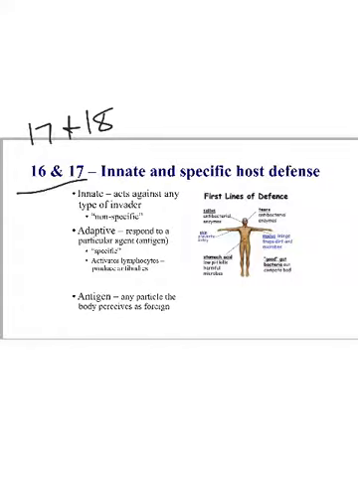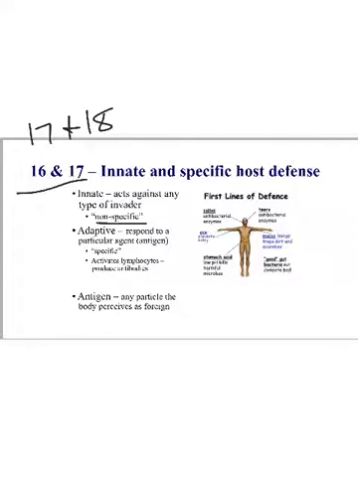So innate is the same as a non-specific immune system. This is what we're born with. It's genetic. It's not going anywhere unless something strange happens. It protects you against any type of invader. It doesn't matter what the infection is, and it doesn't care.